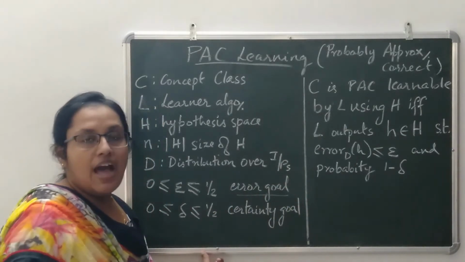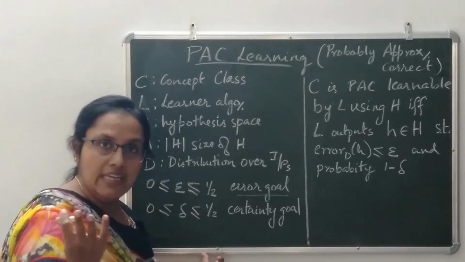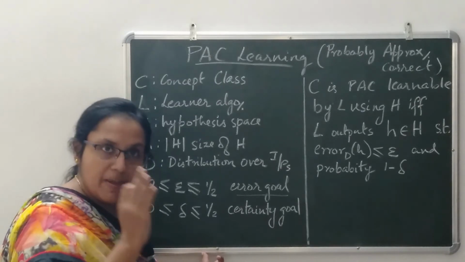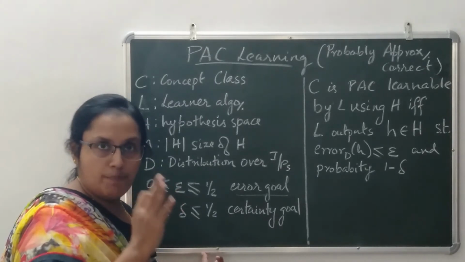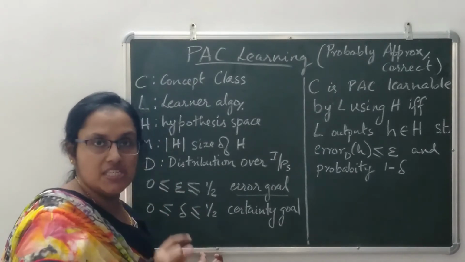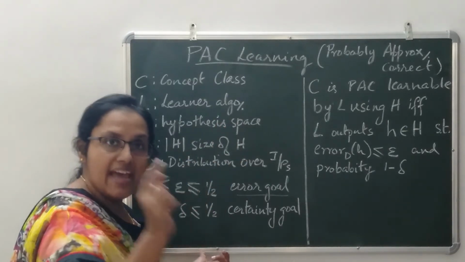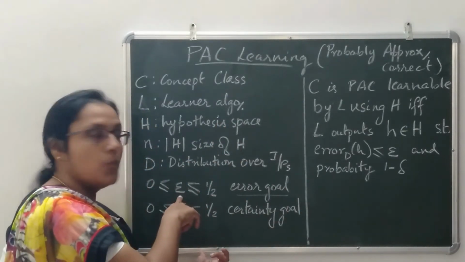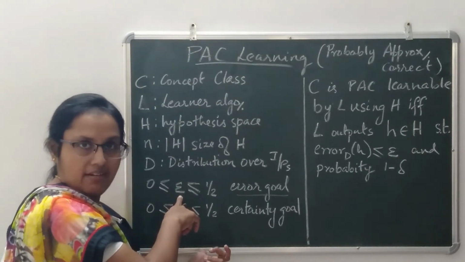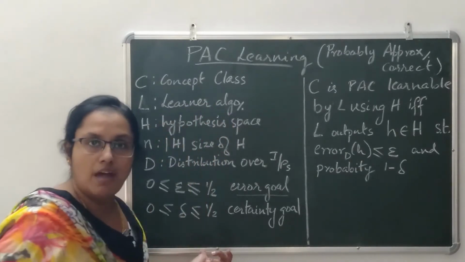I know that the system does not know the classification problem perfectly. But if my system has learned enough so that any new data given to this particular learner L will have an error less than or equal to epsilon, then I am okay with this algorithm.